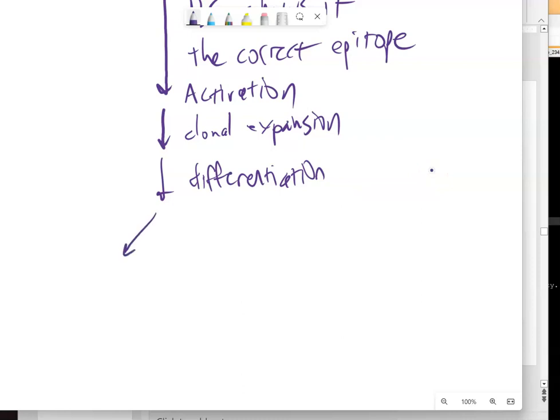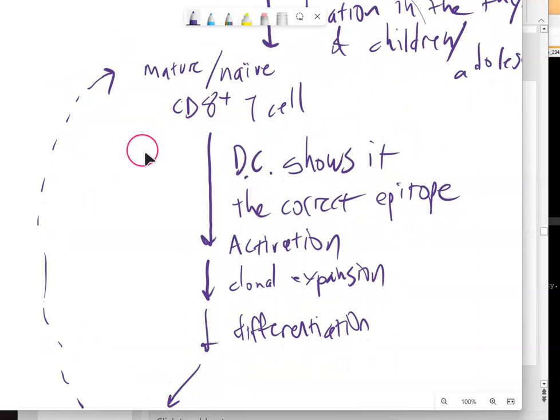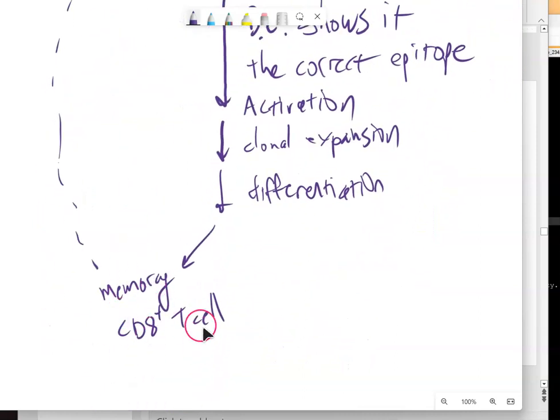One is going to be a memory CD8 positive T cell, which is kind of going to act as if it were a mature but naive CD8 positive T cell, because they wait to be activated. And that's what a memory T cell is going to do.